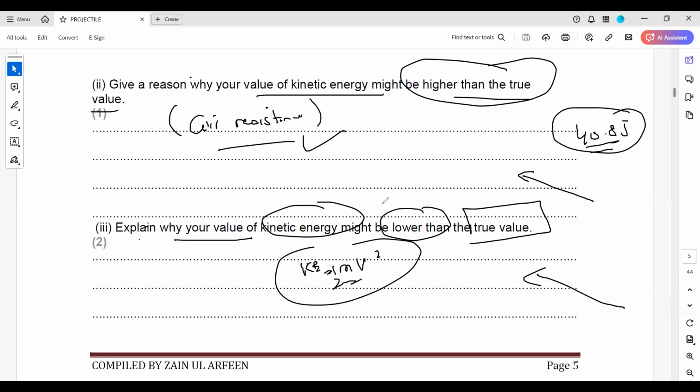So why might the value of the energy be lower than the true value? The reason is the speed at which the particles are coming out, or even the mass of the liquid, because some of the liquid, when it splashes out, might return back, so the decrease in the mass will be smaller.